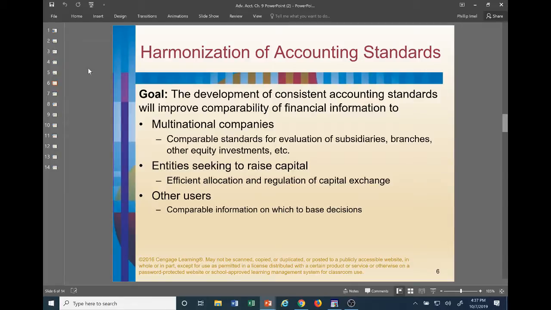And also, other users, such as suppliers and customers, who are exposed to opportunities on an international scale, need comparable financial information upon which to base their decisions. So, therefore, the development of international accounting standards must be based on an understanding of international business and markets and the factors that affect the accounting in various countries.